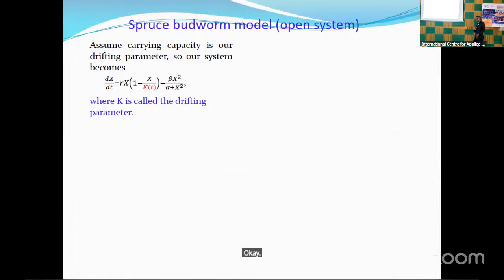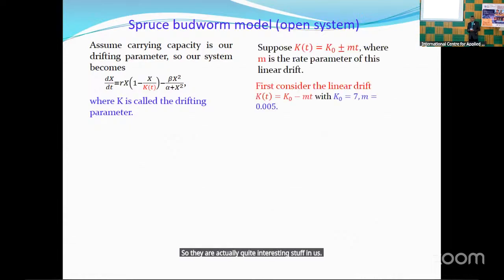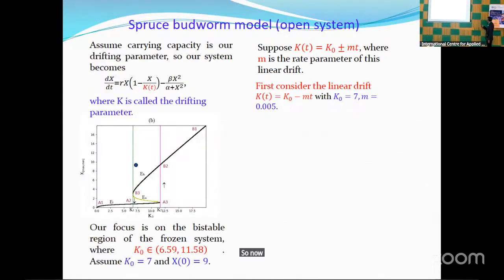There are different types of drifting parameter. Your drifting parameter may be linear, like this, where this is the base value of the carrying capacity, and this is the rate parameter A. Or sometimes you may consider your drifting parameter in some other form.